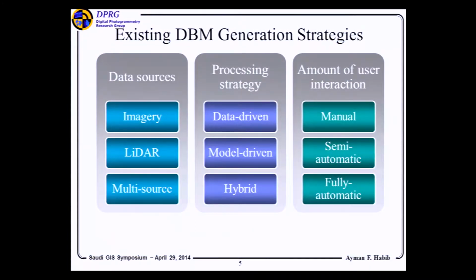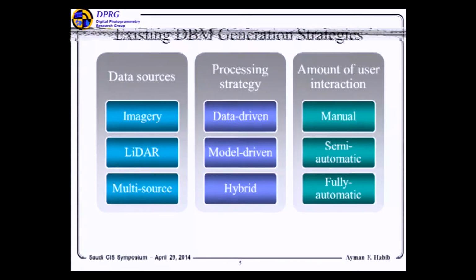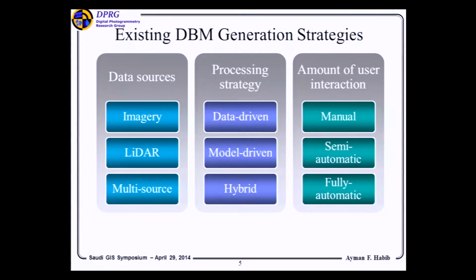We can see the categories of the digital building model generation strategies. We classify them according to the sources we use: either image-based, laser-based, or a combination of both. The user interaction can be either manual, semi-automatic, or fully automatic.